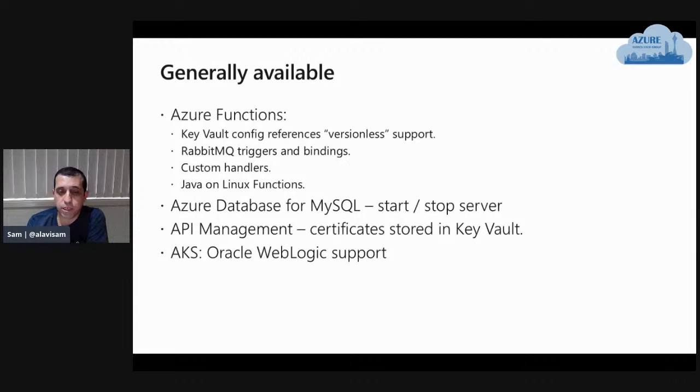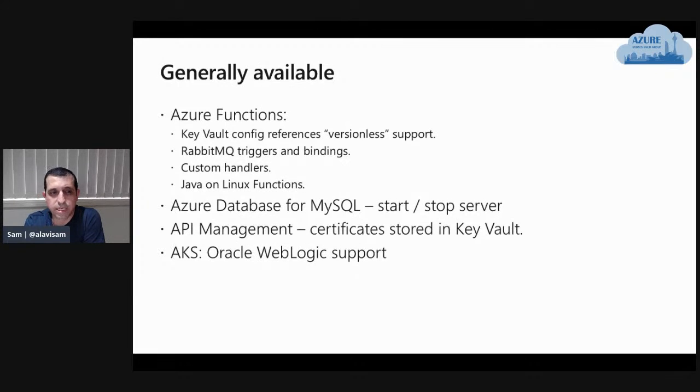By default, the Azure platform will monitor those values based on the latest version available. If any update happens to any of those secrets, keys, or certificates, it automatically updates the Azure Functions and Azure App Services for us. So we don't need to track the version.